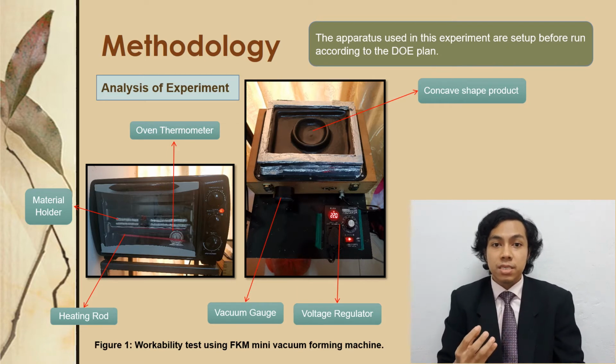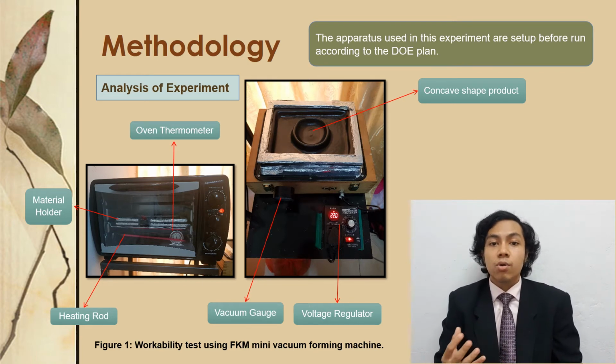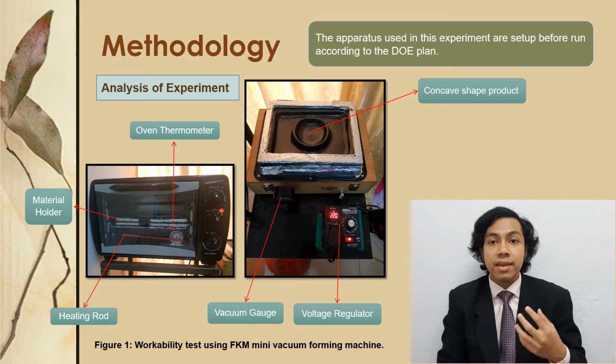The oven temperature, part heating distance, voltage of vacuum suction, and the heating time are set in accordance with the DOE scheme as shown in Table 3. To test the concave shape formability of the 5mm ABS plastic plate in the extended set time, the surface roughness value of the 5mm ABS concave shape vacuum forming output response is then recorded and analyzed.